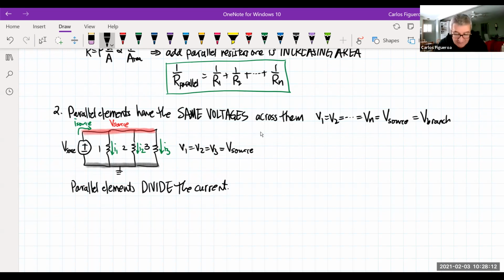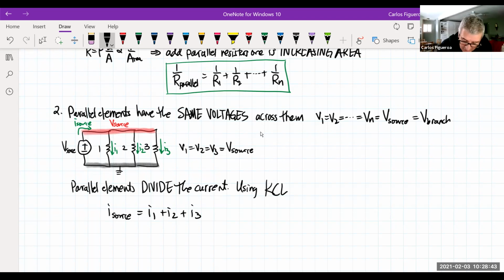So if I have a source current, it's going to split between the resistors. And if I apply KCL, then the source current must be I1 plus I2 plus I3.